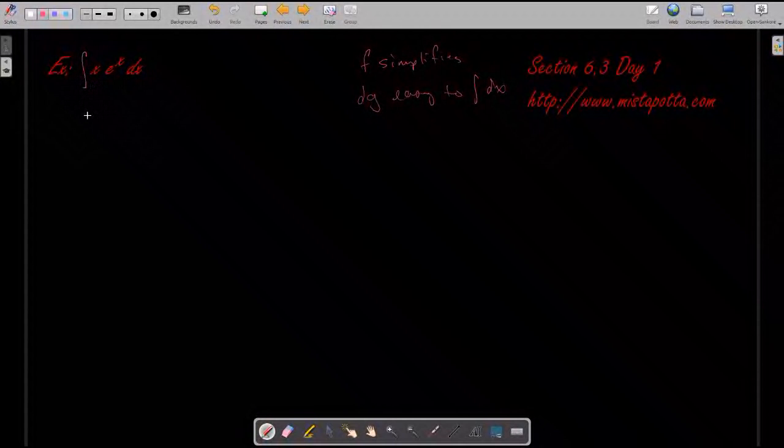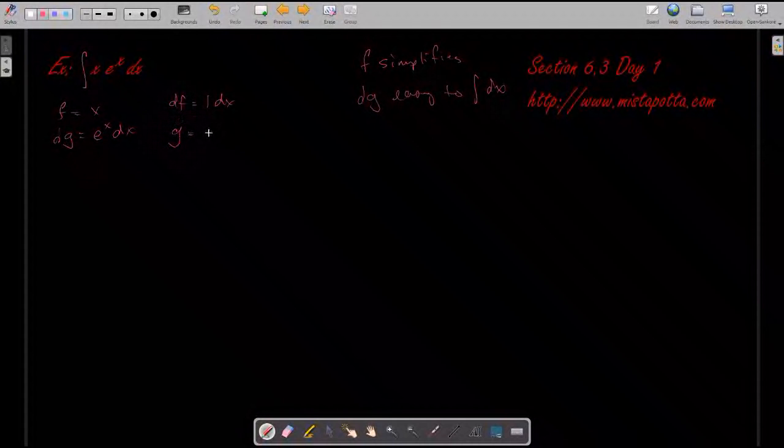So I'm going to let that be determining my f and my dg. dg is going to be e to the x dx. f is going to be just plain old x. And so df is the derivative, which is 1 dx. g is my antiderivative, which is e to the x.